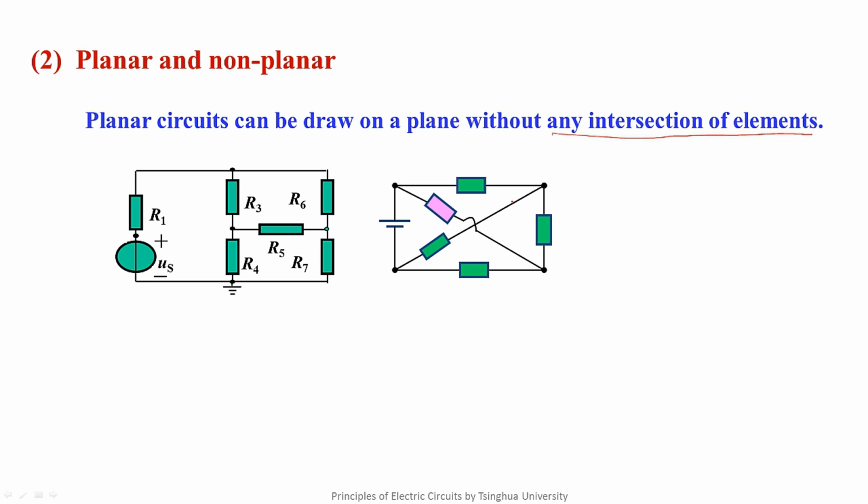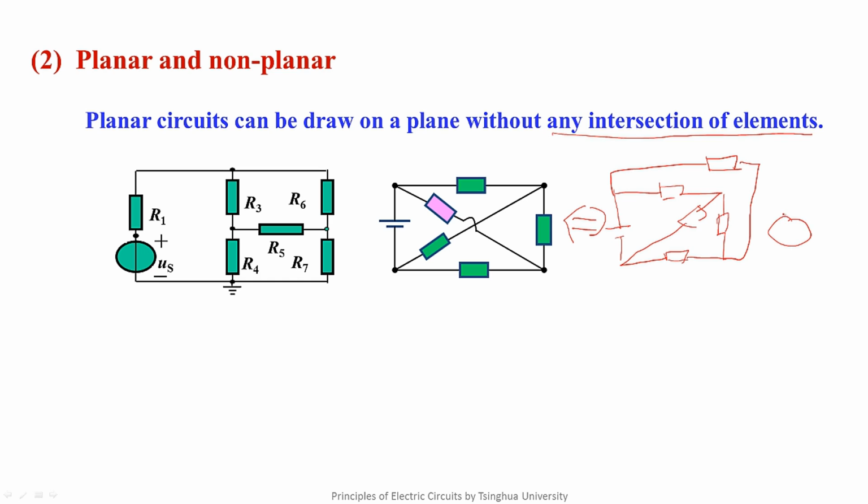In fact, we can redraw this circuit in this way to make it like this. You should pay attention to what I draw here. You see, this circuit and this one are totally the same in topology. For the right circuit, there are no intersections between any two elements, so it's still a planar circuit.